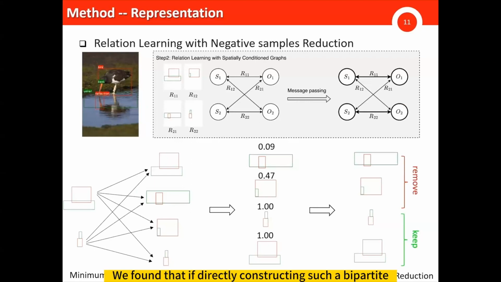We found that directly constructing such a bipartite graph would result in many more negative subject-object pairs. To alleviate the bias towards negative data, we proposed a negative samples reduction strategy, in which we first calculate the minimum bounding box IOU between the subject-object pairs and all possible ground truths. Then we rank the IOU values and select the first 50 samples.